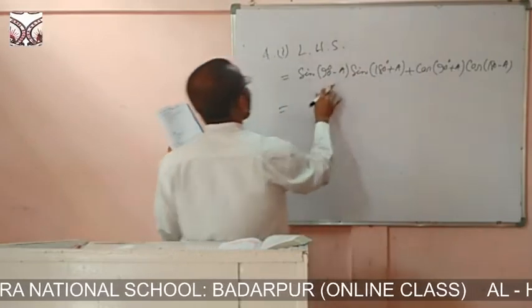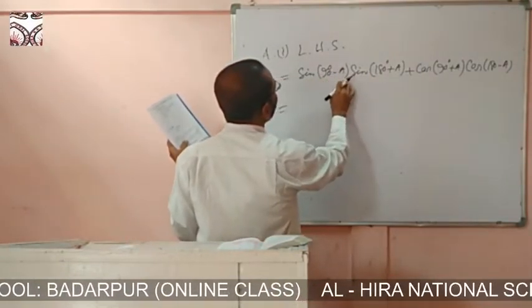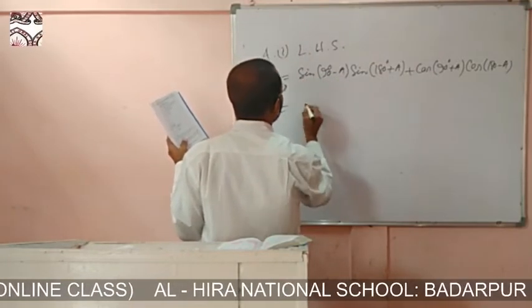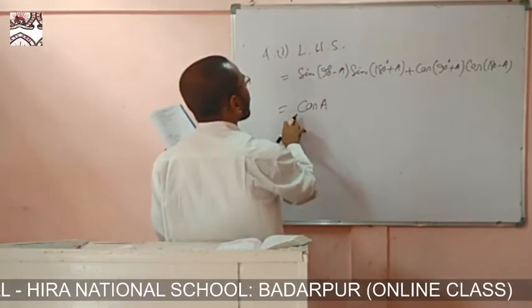So sin(90 minus A) is odd multiple, so sin will become cos, and the sign will be positive because in the first quadrant all are positive.